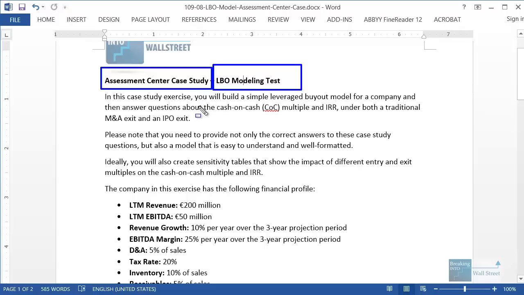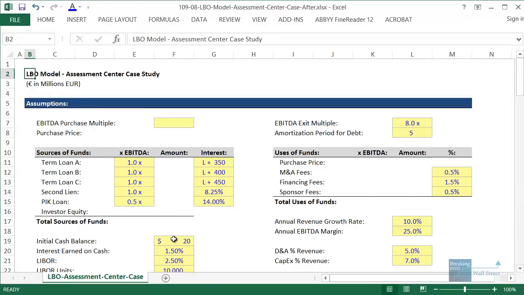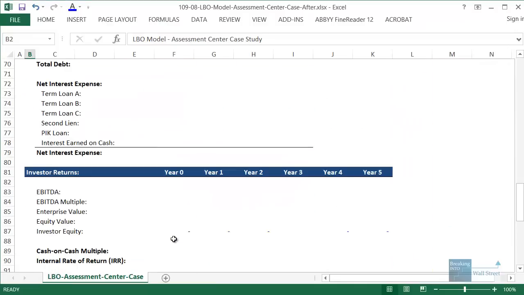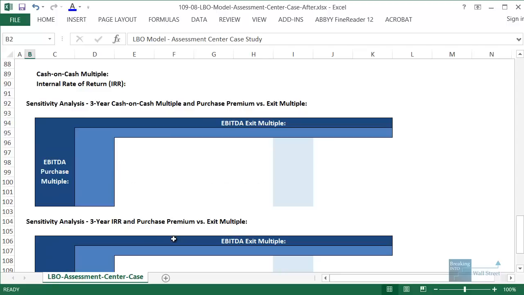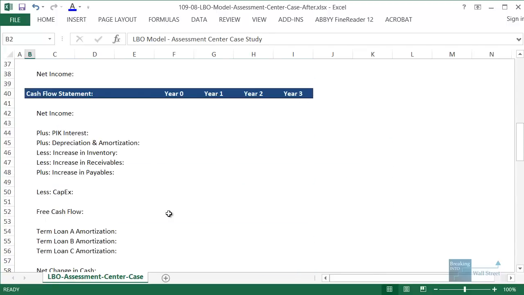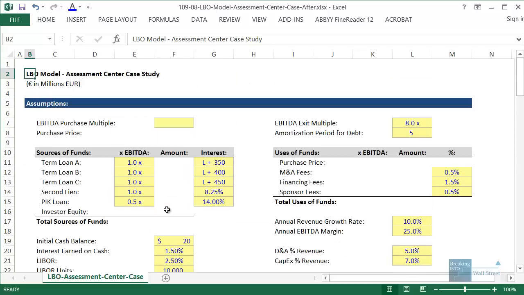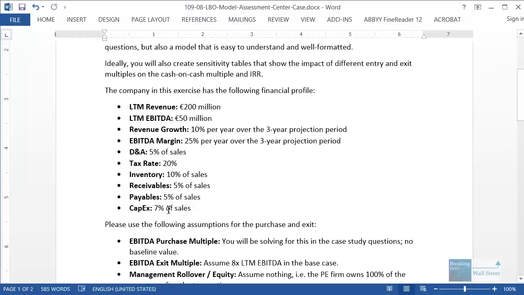Now, this case study, as you can see from the accompanying Excel file, is quite a bit more involved than something really simple, such as a so-called paper LBO case where you just have to estimate a few numbers and get to the IRR and the cash-on-cash multiple. Since this is more involved, we're going to split this into two separate tutorials.